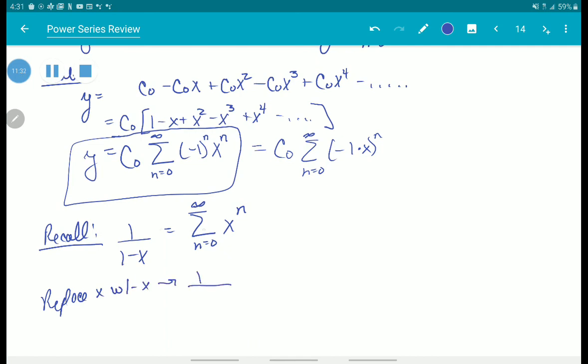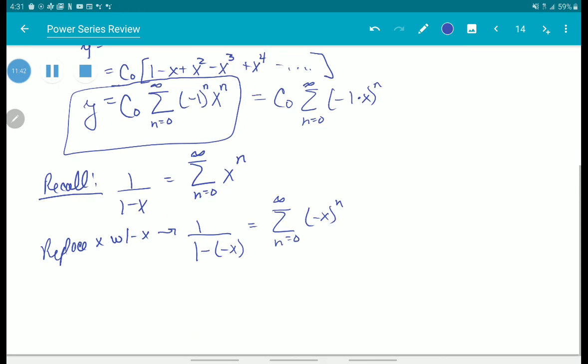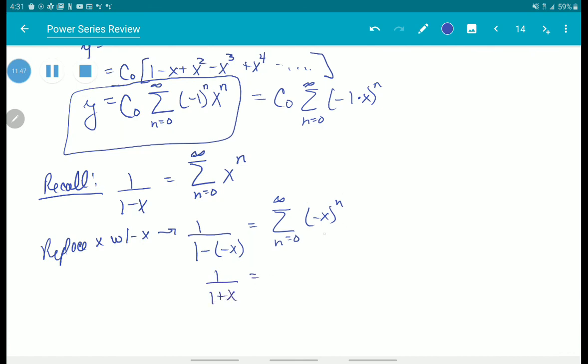If we do that on both sides of the equation, we would have a 1 over 1 plus x on the left, and this would be the power series for that.